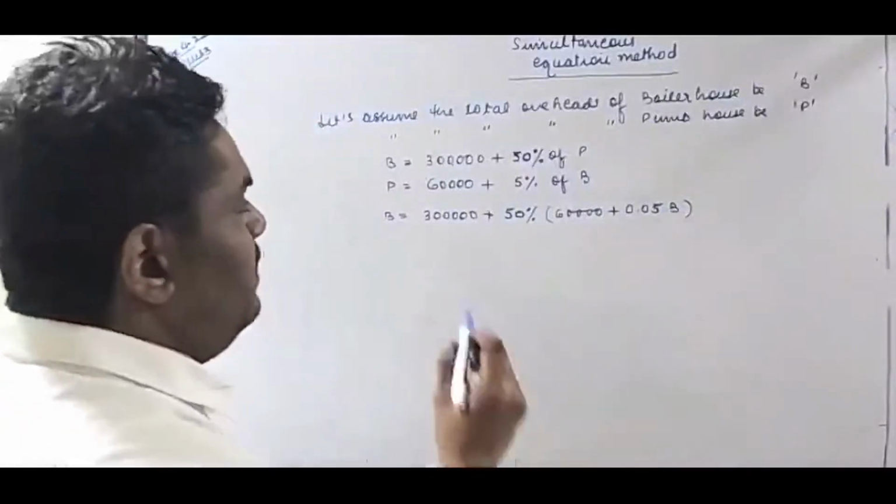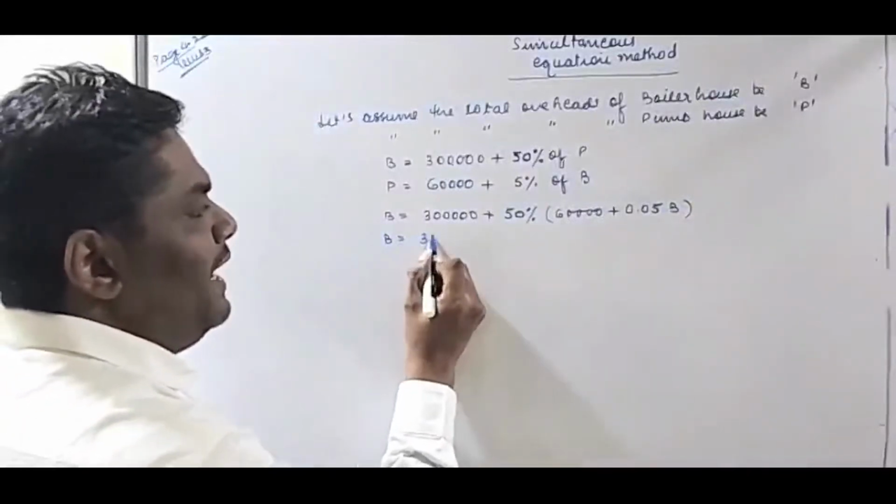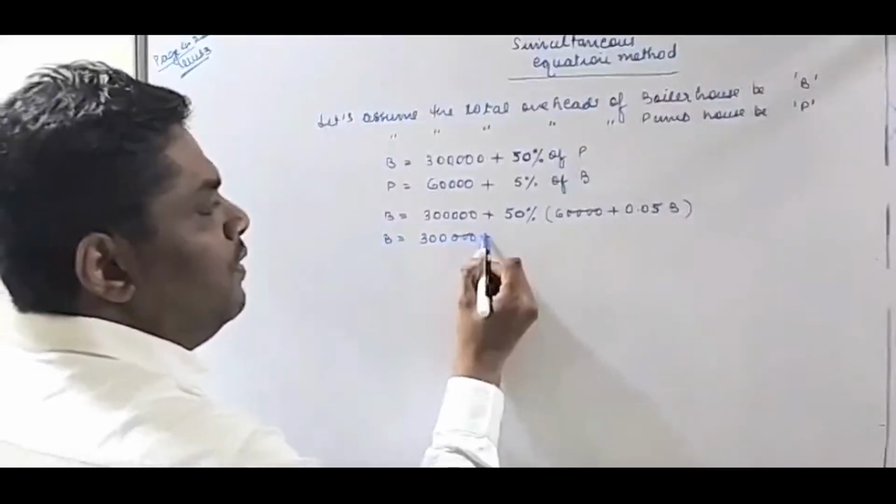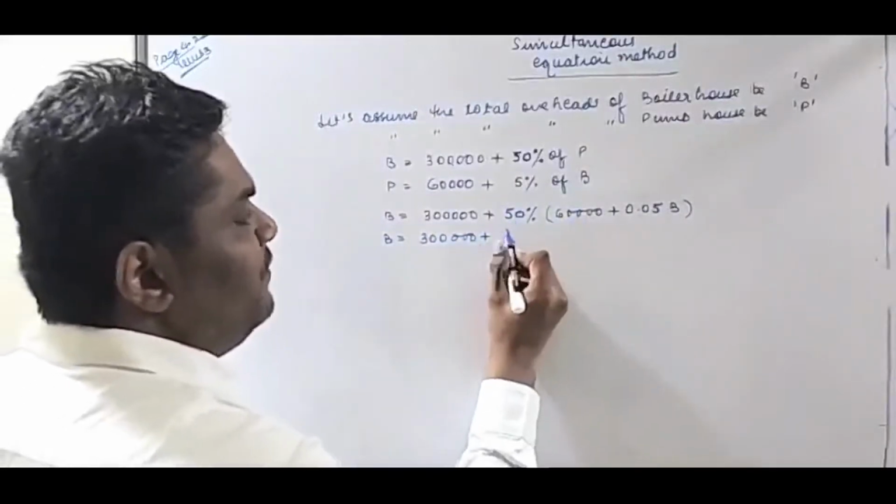So open the bracket, we'll get B is equal to 3 lakh plus 60,000 into 50%.